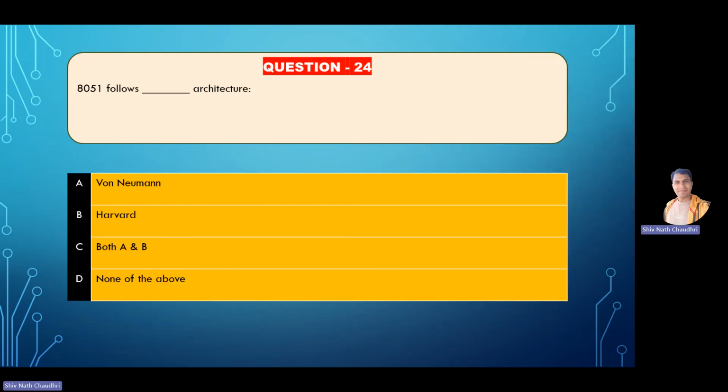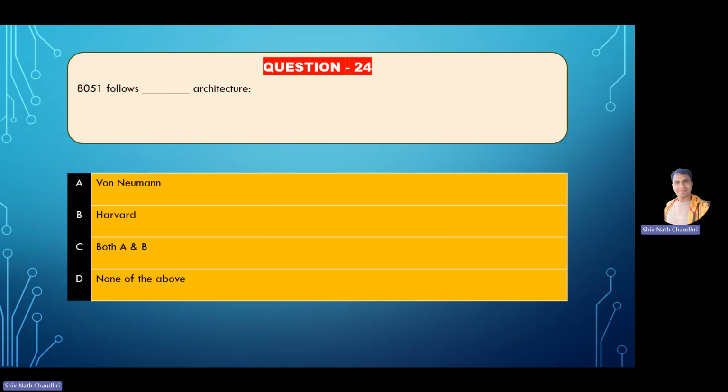The next question is: 8051 follows which architecture? Okay, the options are von Neumann, Harvard, both A and B, none of the above. If you remember, microprocessors 8085 and 8086 both follow von Neumann architecture, meaning the same memory for data saving and code saving.